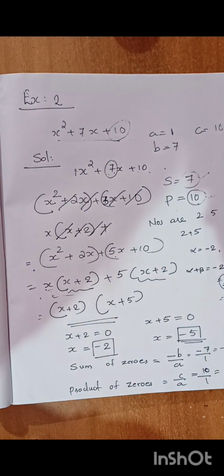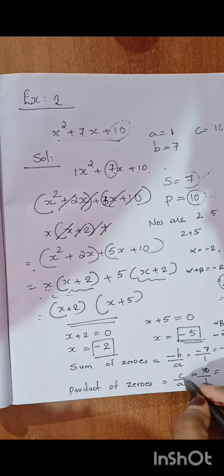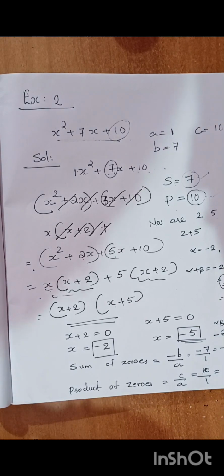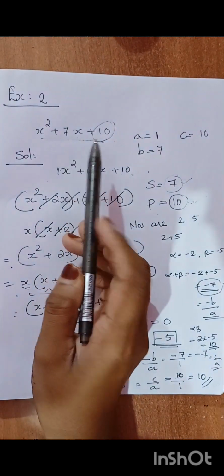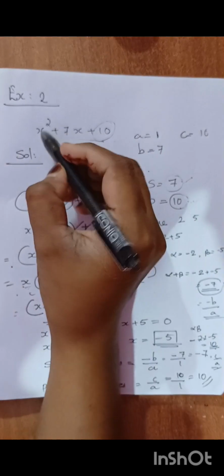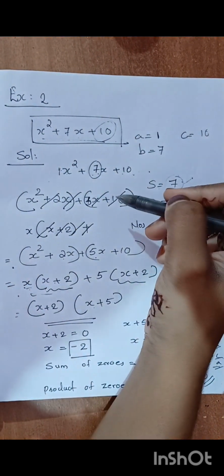Okay. Next one is the product. What about alpha into beta? That is minus 2 into minus 5. Answer is positive 10. Minus 2 into minus 5 is also 10. And also here we have got that c by a is 10, which is equal to alpha beta. So the verification is also over. So in this question, first you have to find out the zeros from this quadratic polynomial by using splitting the middle term.